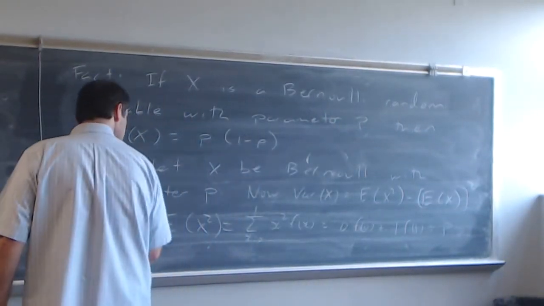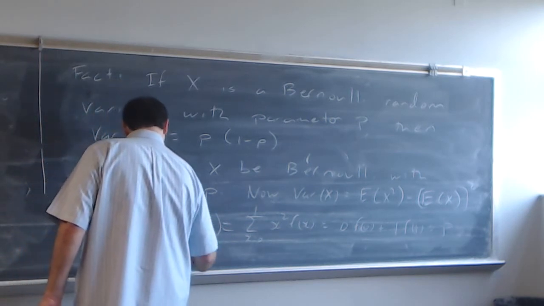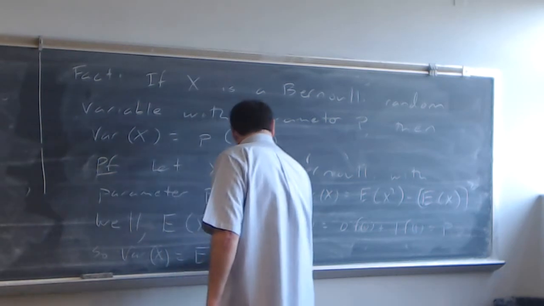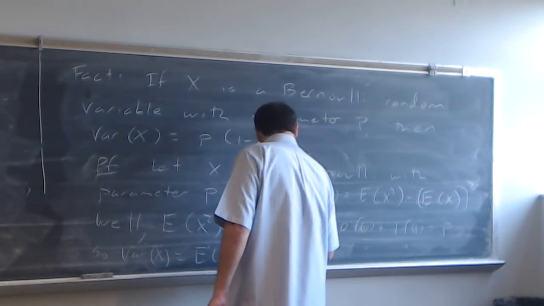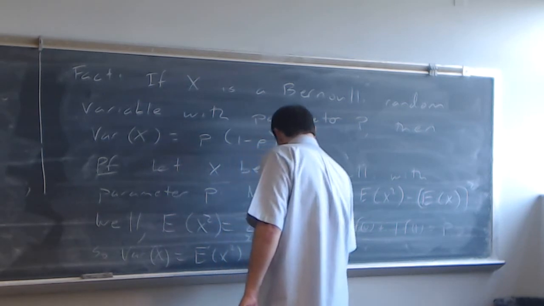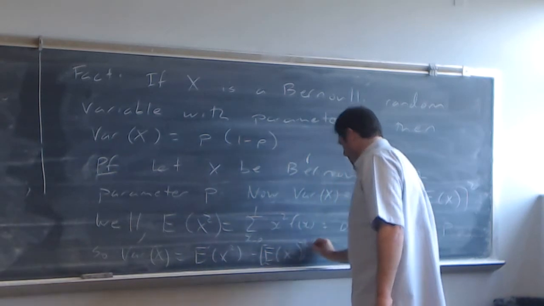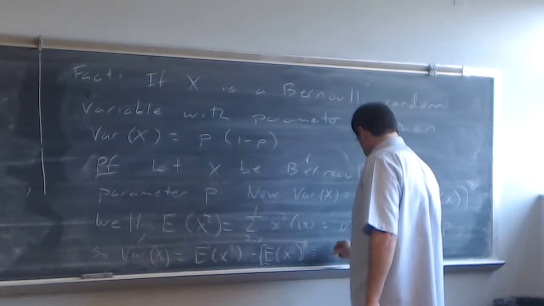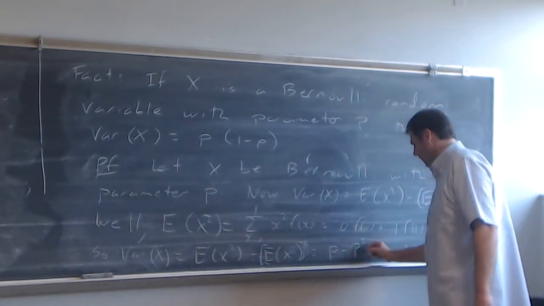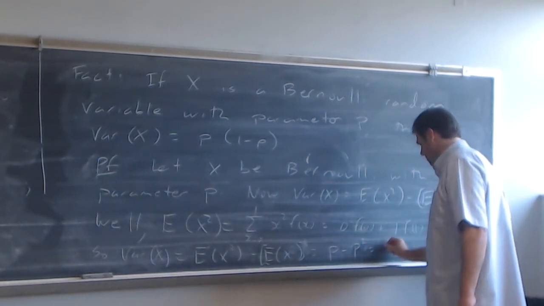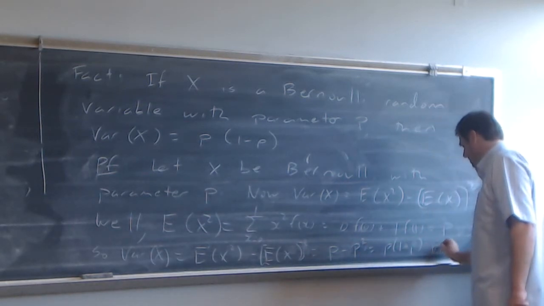So the variance of X, which equals the expected value of X squared minus the expected value of X quantity squared, is equal to p minus p squared. We just did that, and that's equal to p times, when I factor out p, 1 minus p, and that's what we said.